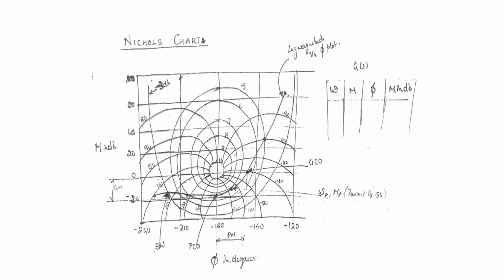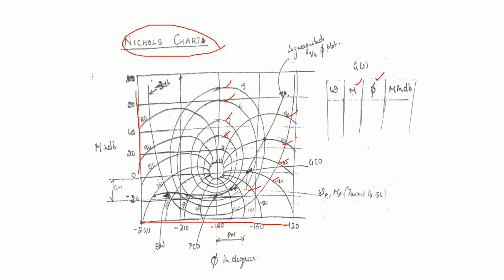If I can draw M circles as well as N circles on magnitude in dB versus phase angle coordinates, I call this a Nichols chart. These are M circles. These are N circles. I have just put them on magnitude in dB versus phase angle coordinates.